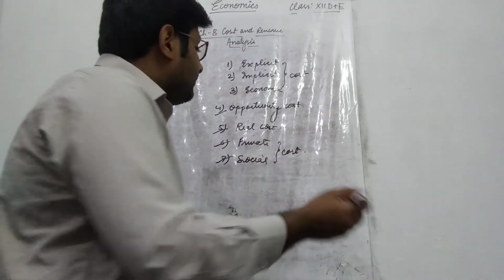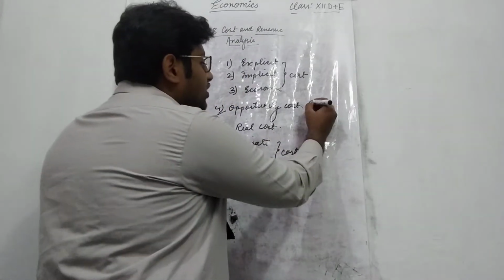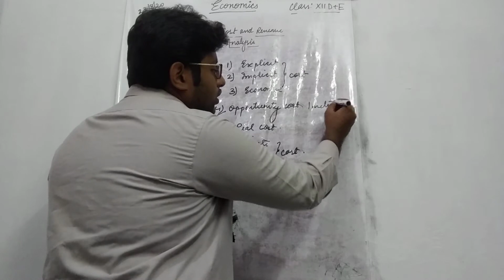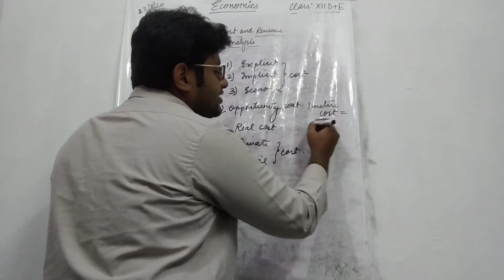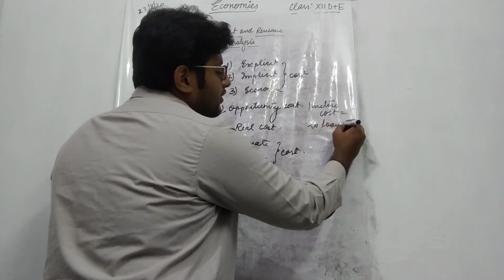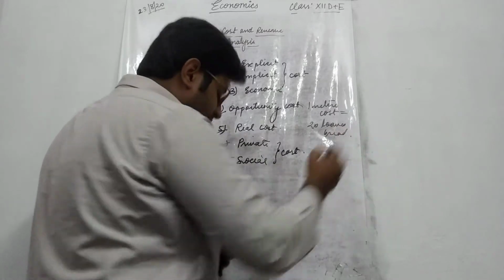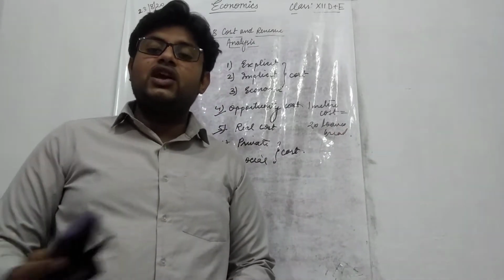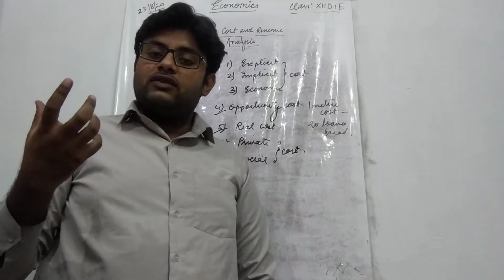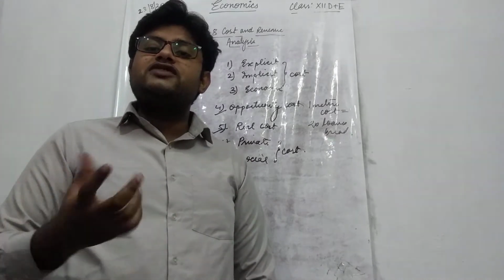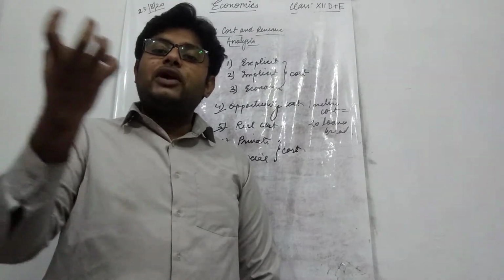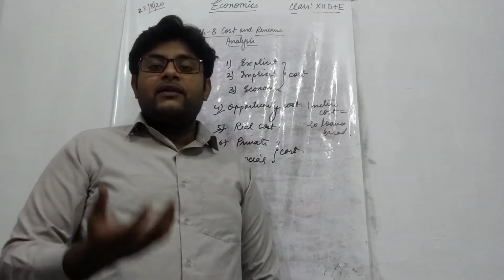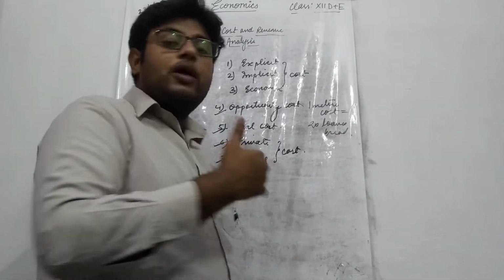That means the cost of 1 meter cloth is equal to 20 loaves of bread. Whatever good a particular producer is sacrificing or foregoing to produce a particular commodity, that cost is known as your opportunity cost.